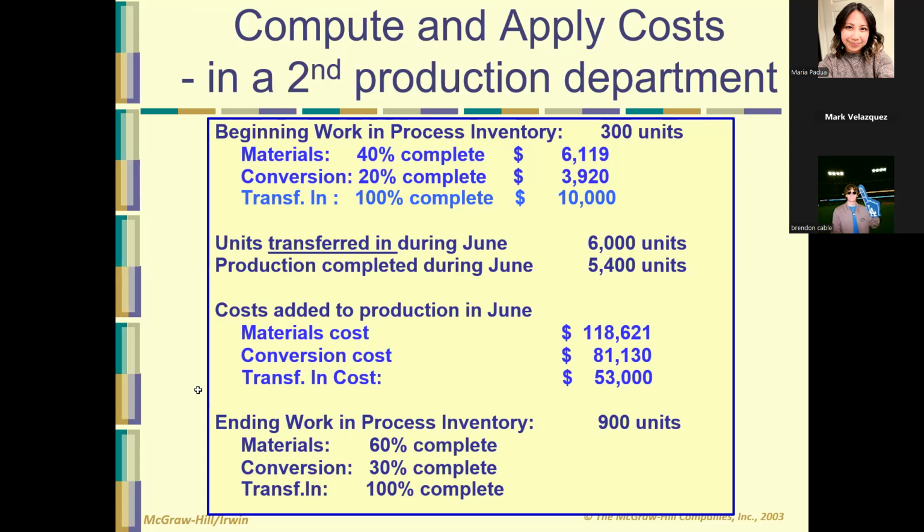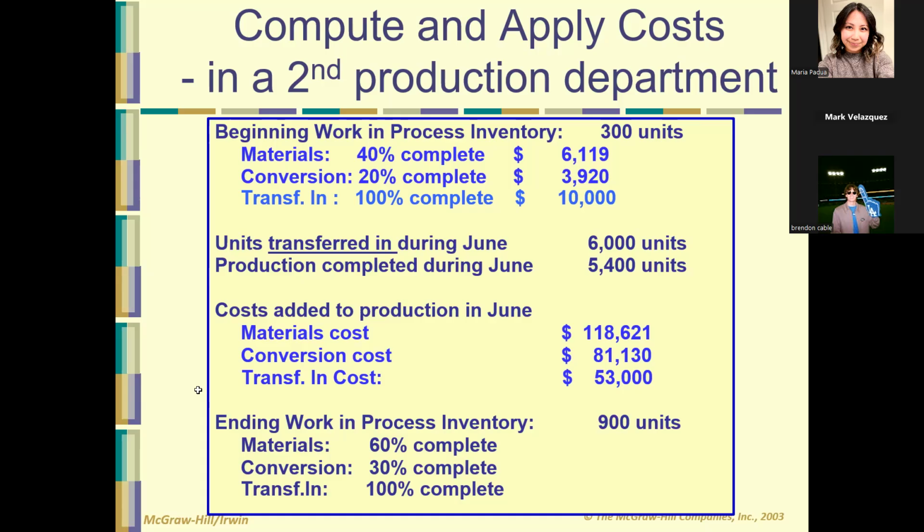Okay. So what was available? $72,000 for raw material and $90,000 for conversion. So let's put some costs on this thing. 72,000 for raw materials divided by the 1,200 is going to give us what, 600 or 60? $60 per equivalent unit of production.